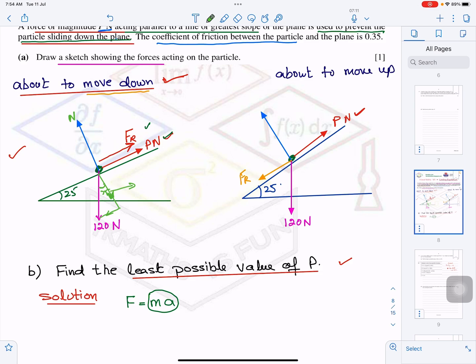This is actually 120 cos 25 degrees, right? And what about this force which is acting downward due to weight? It is 120 sin 25, right? So now if you see, these two forces are upward and this is downward.